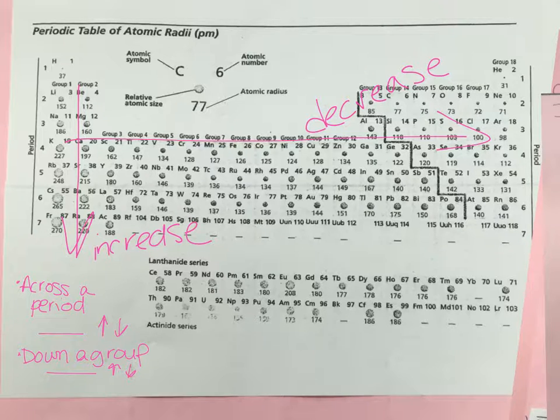So why do we get smaller going across? Here's your hint. Because there are more protons. More protons, exactly. As I increase the number of protons inside that nucleus, they start grabbing all those electrons. They're like, haha, I have 9 now. Haha, I have 10 now. And they squeeze them in really, really close. Lots of attraction. Think of magnets sticking together, okay?